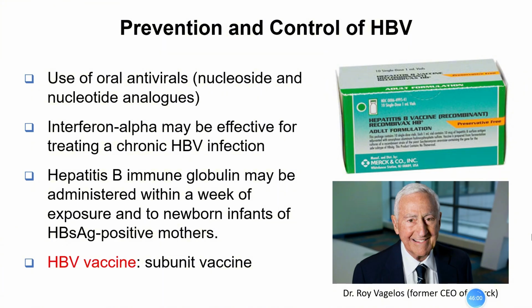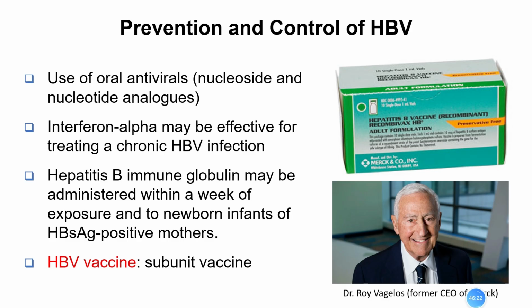And you can also use interferon alpha, which may be effective for treating chronic HBV infection. We explained the mechanism of interferon alpha and beta, why they can inhibit virus infection.